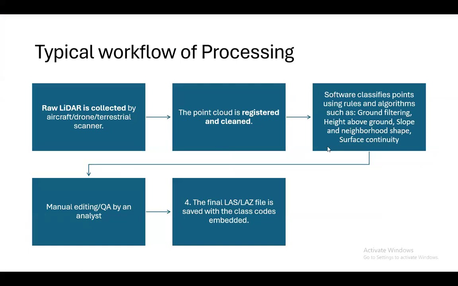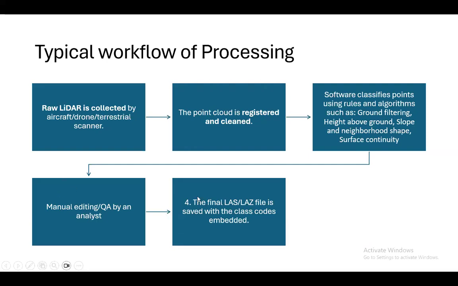Again I'm describing this. First you acquire the raw LiDAR data collected by aircraft, drone, or terrestrial scanner. Then the point cloud is registered and cleaned. Then there is software which classifies the points using different rules and algorithms such as ground filtering, height above the ground, slope and neighborhood shape, and surface continuity. Then there is manual editing by an analyst.